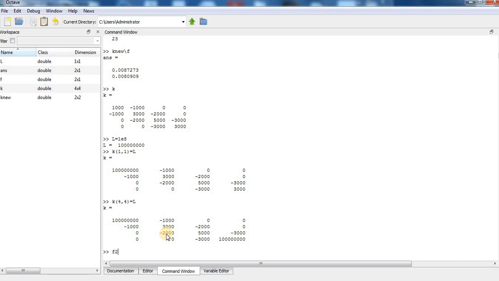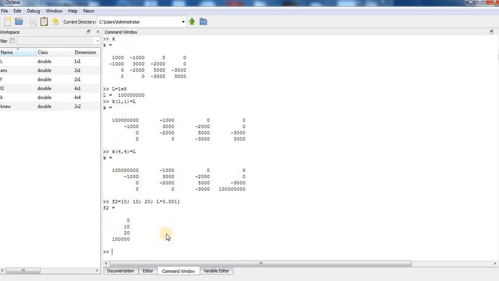Now some F2 let us form. So F2 would be some first 0 because you specified is 0. Then second column is 20. The third one is 10 20 10. Then 20. Then this is L multiplied by the specified displacement.